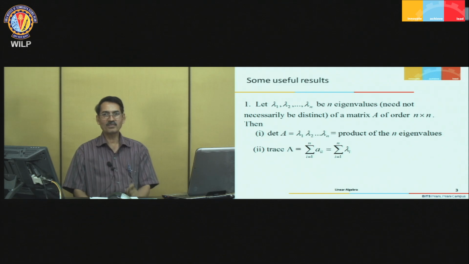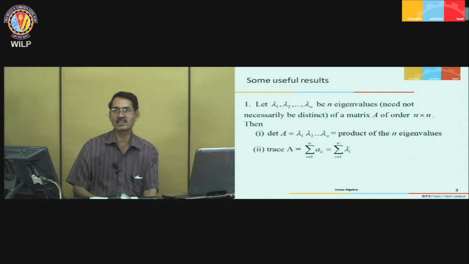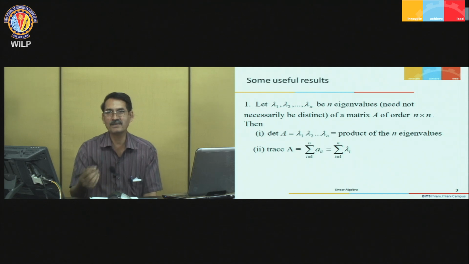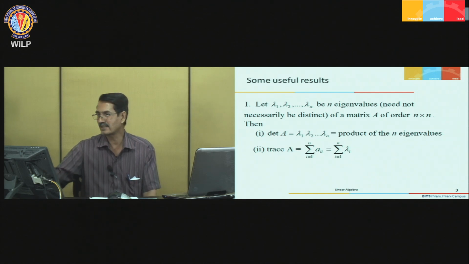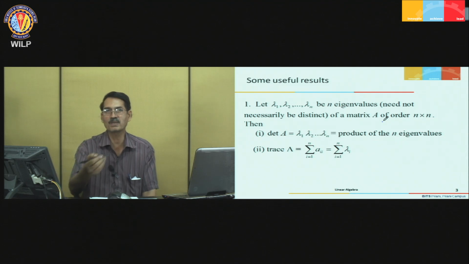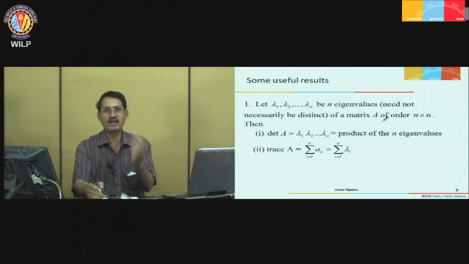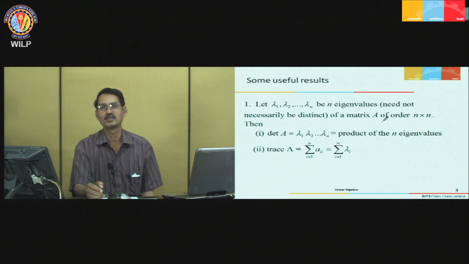If you look at some very standard and useful results, suppose matrix A is given and all its eigenvalues are also known to us. Suppose lambda 1, lambda 2, ..., lambda n are the n eigenvalues of the matrix A. These eigenvalues may be repeated, they need not always be distinct. Then what is the determinant of the matrix?